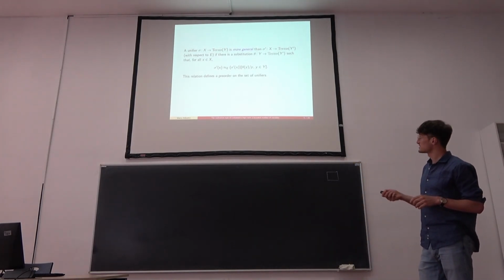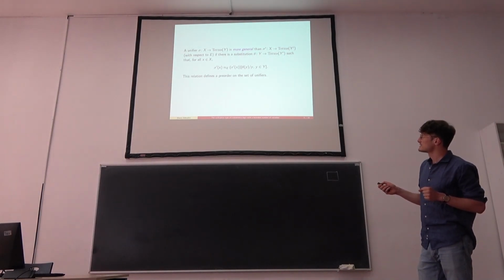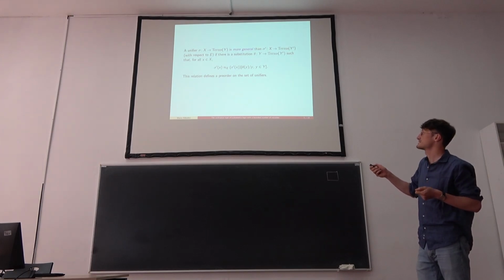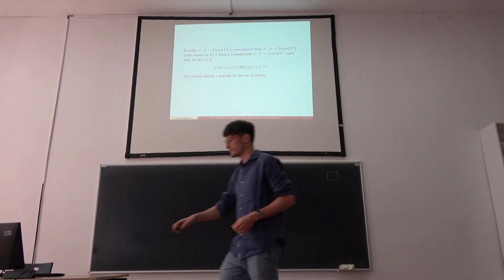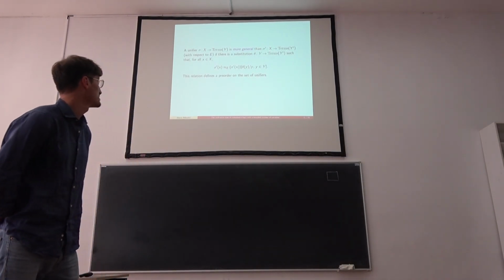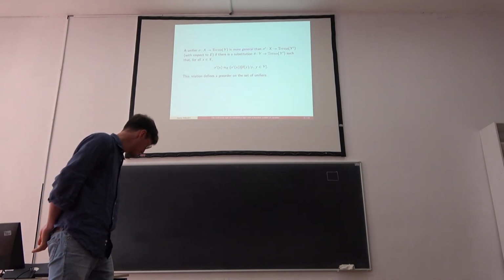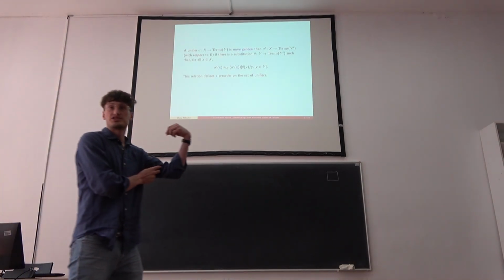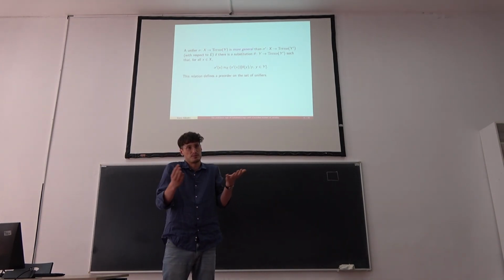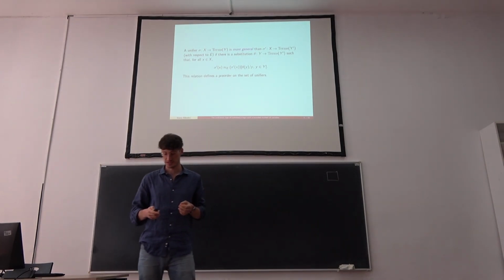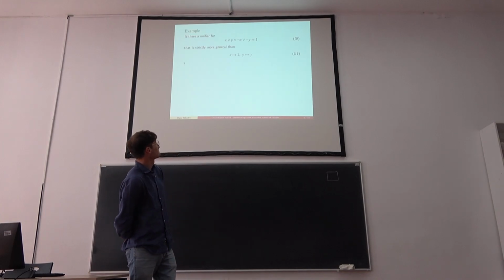So if there's a substitution theta from Y to terms of Y prime, such that for any x in X, sigma prime of x is sigma of x, where I substitute to each instance of y, theta of y. This relation defines a preorder, and we'll be interested in the poset reflection of it.